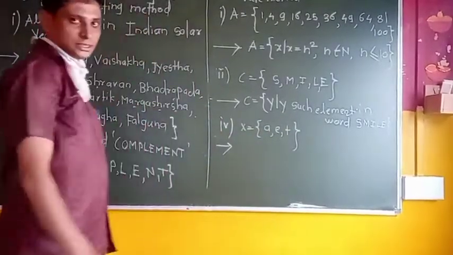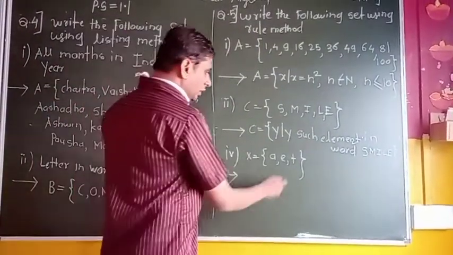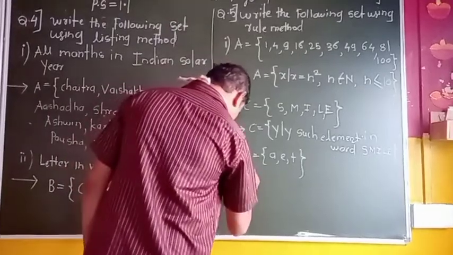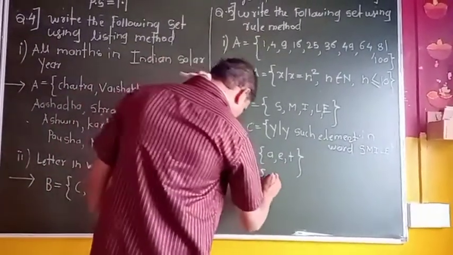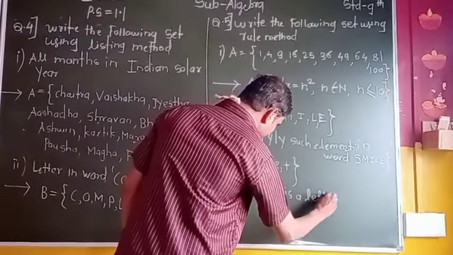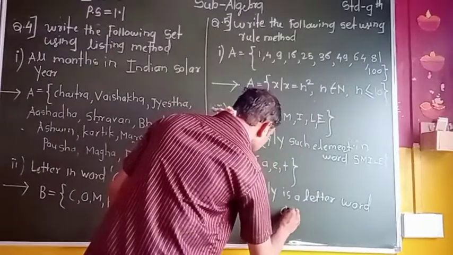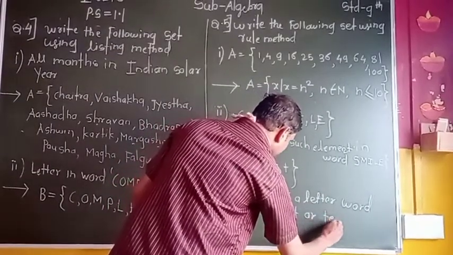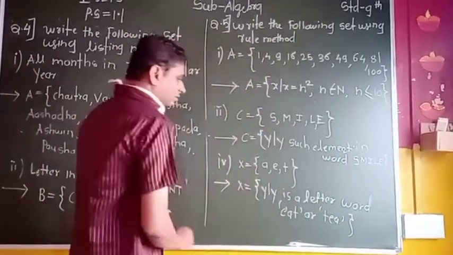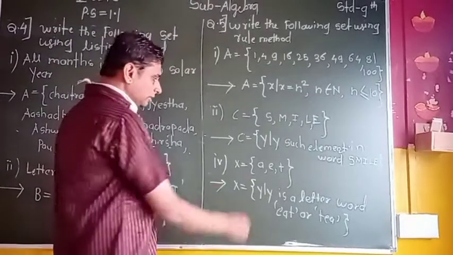These are the elements, meaning these are letters, and we have to write down the word from them. So two words are possible, either eat or tea. So we have to write that X is the set of y such that y is a letter, the words are eat and tea. Two words are possible for this set, such a y element is a word, and eat and tea are the two possible words. So these are the words we have to consider.